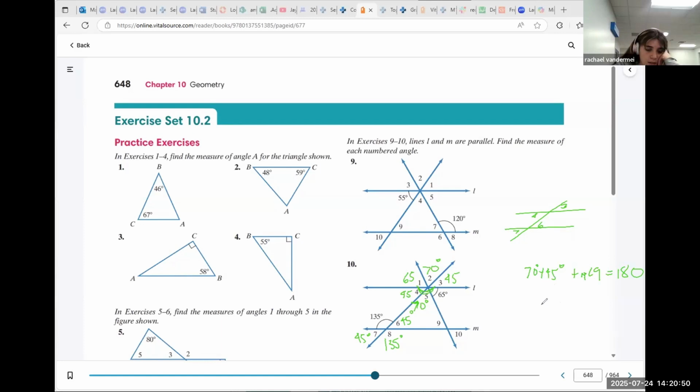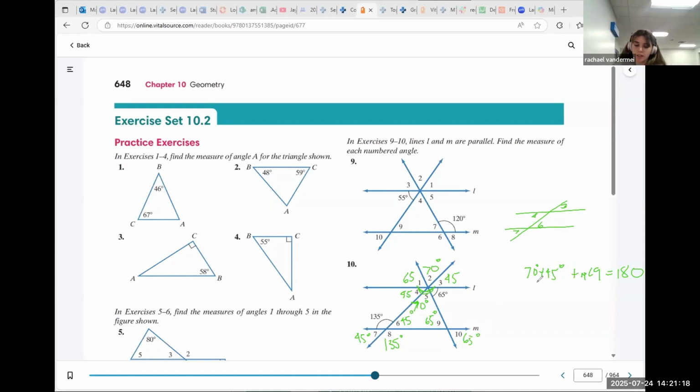So angle 9 would be 65. And then angle 10 is the same as 9, right? Yep, also 65.